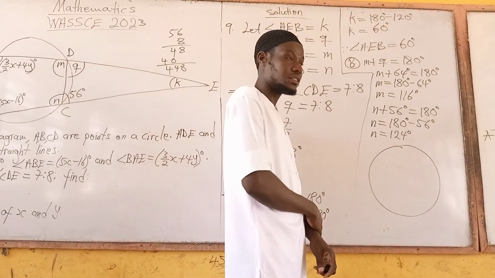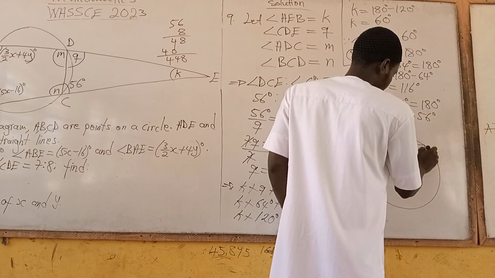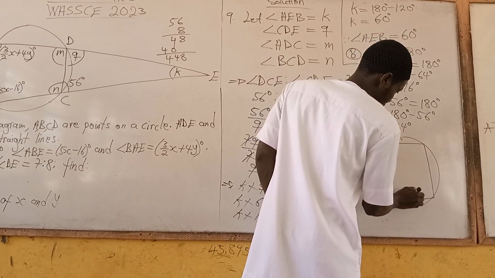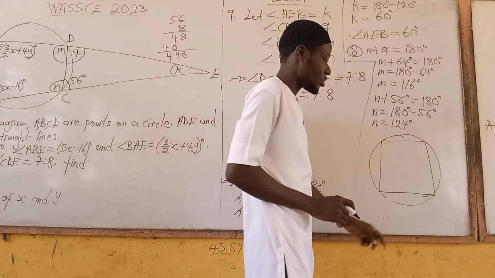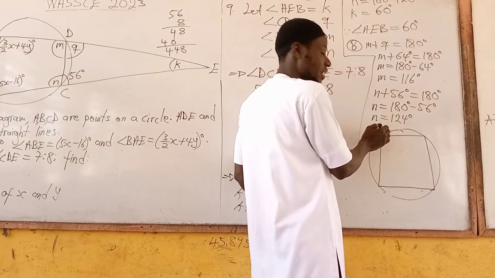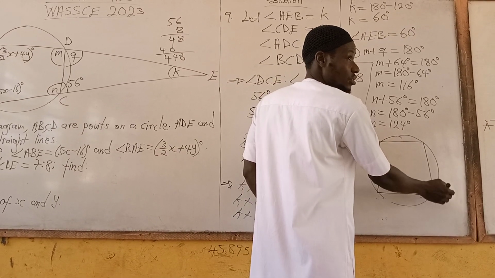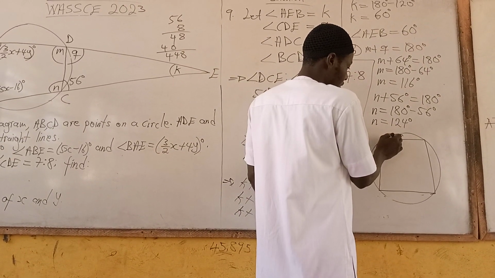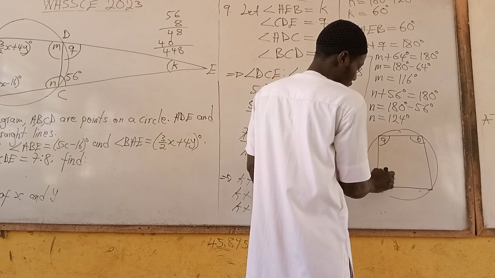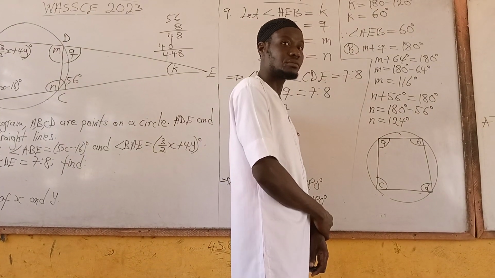If you have a circle and there is a quadrilateral in the circle, in which the vertices of the quadrilateral are on the circumference of the circle, let's say the interior angles are A, B, C, D.